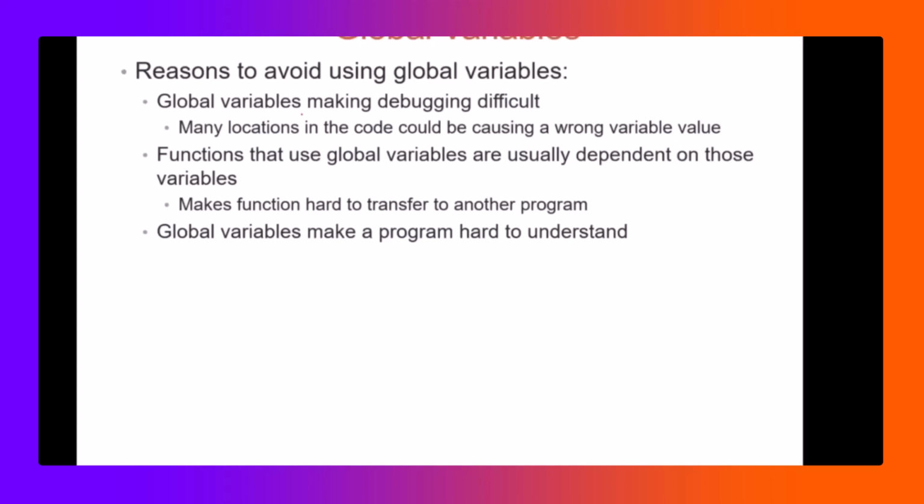Does that make sense? If it's a local variable, you will know who changed it, because it's only changed inside the function. But if you have many global variables and so many functions, it's not easy to trace who changed that variable.